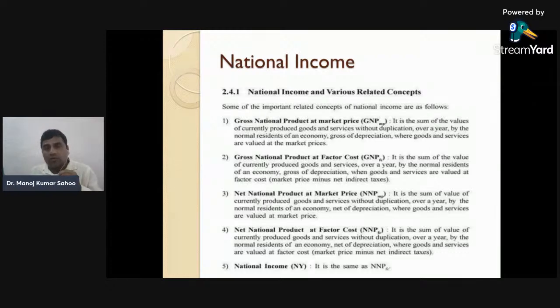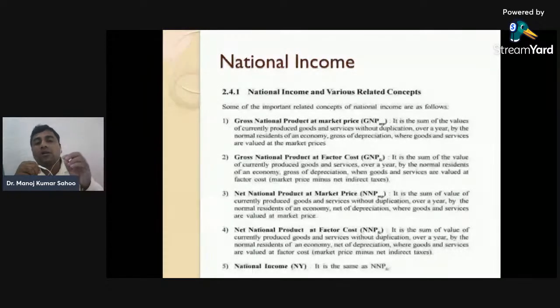Intermediate products are those products which help in the production of final products. So the shirt becomes the final product, but the cloth is called the intermediate product. If we calculate cloth as the final product, then the cotton, the raw cotton, becomes the intermediate product. So we do not take the raw cotton for the calculation of national income, we take only the clothes. But if you are calculating the shirt directly, then we take the shirt price, but we do not take the concept of clothes.